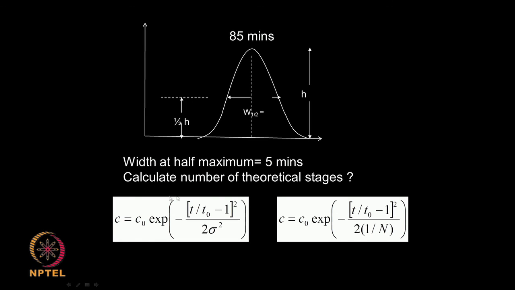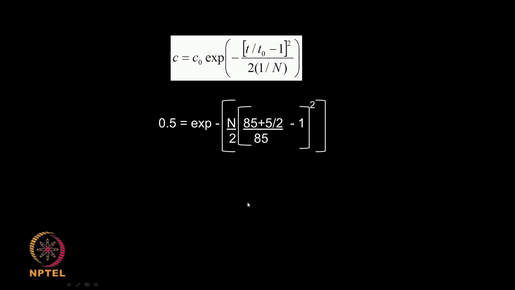Okay. So, I have this equation, and then instead of sigma square I can put it as 1 by n. So, from there I substitute these terms here and then I calculate the number of stages. Okay. So, it comes out to be 1600.